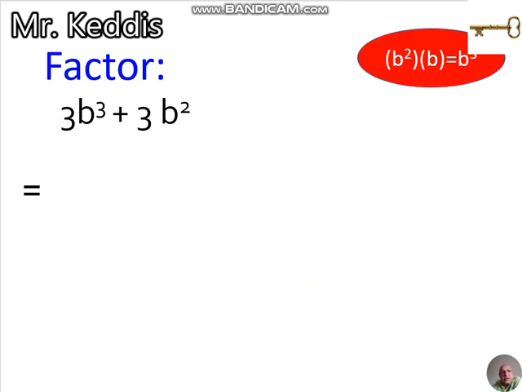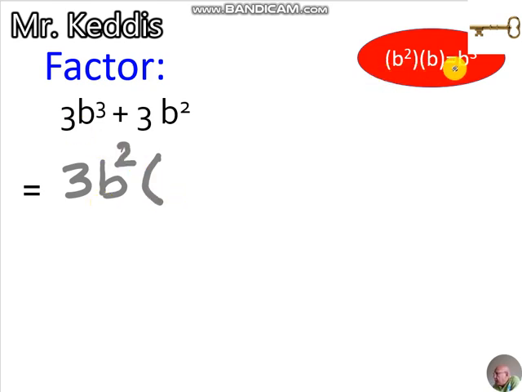I need to factor this one. I get 3 here as a common factor. You have b squared and b to the third power. I take the lowest one. 2 is less than 3, so I take b squared. Three b squared times what to get b cubed?